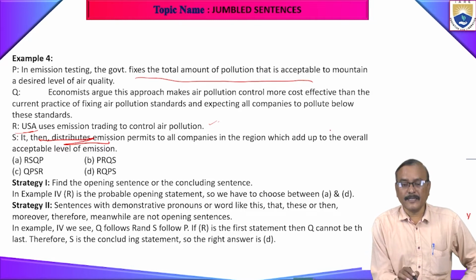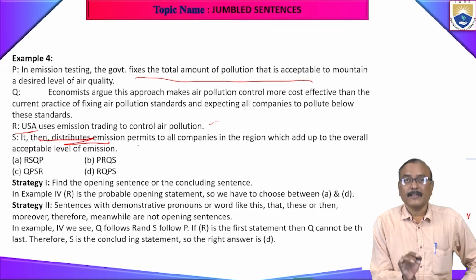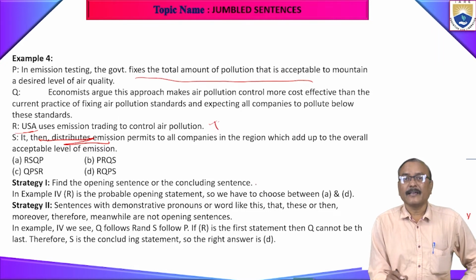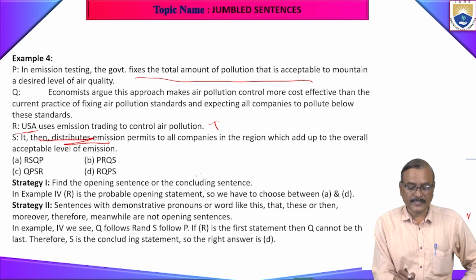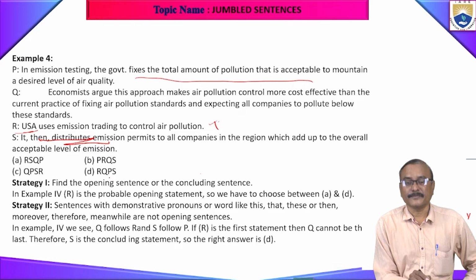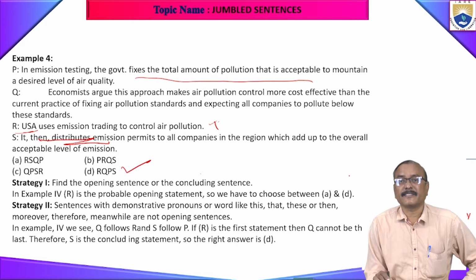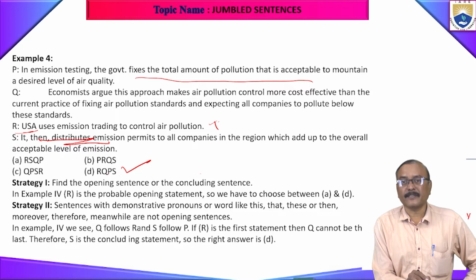First it fixes, then it distributes emission permits. Is it clear? So before S there should be P. Definitely. R is the first sentence, no doubt. And before S there should be P. PS should be there. Option D: check this one, RQPS. Because before S, definitely there should be P.